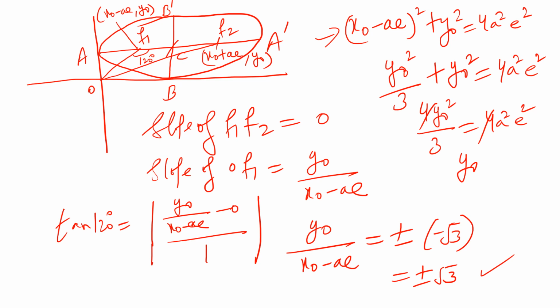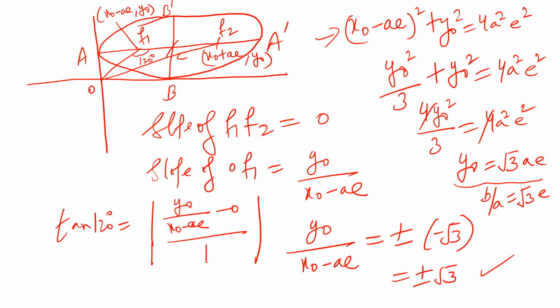Now students, since y naught is equal to b and it is lying in the first quadrant, and b is always positive, y naught is also positive. So do not write the negative sign before root 3 into ae. Just write y naught as root 3 into ae, or b equal to root 3 ae. That means b upon a becomes root 3 e.